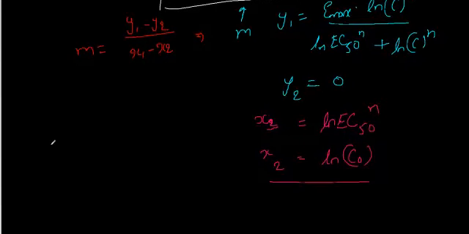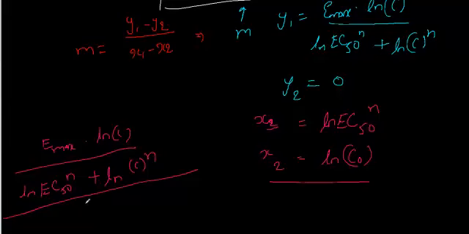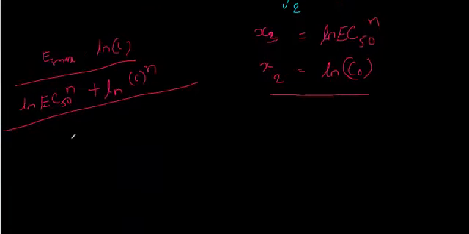So y1 minus y2 is Emax times ln of C^n over EC50^n plus ln of C^n, divided by x1 minus x2, that is ln of EC50 to the power of n minus ln of C0, right?